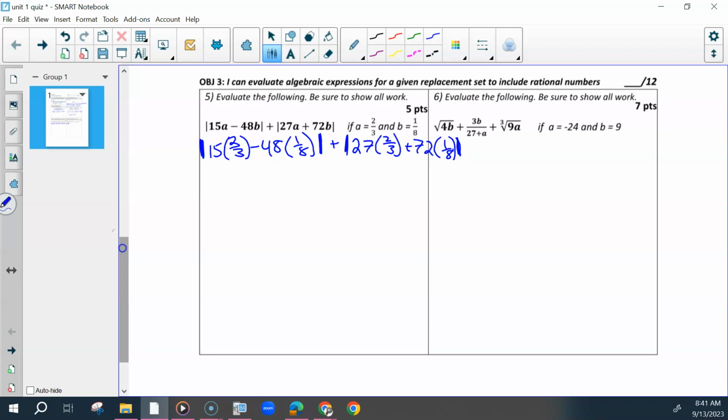So make sure you have every single thing in as is, as this looks. Then you can start to simplify. And then keep simplifying. And once you're done simplifying in each absolute value, in order to add these, you need to drop the absolute value.